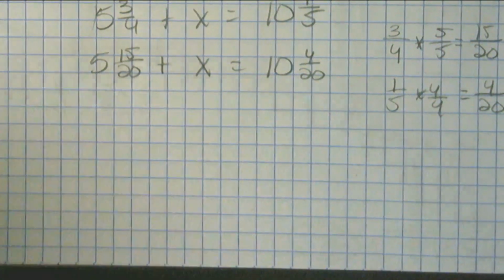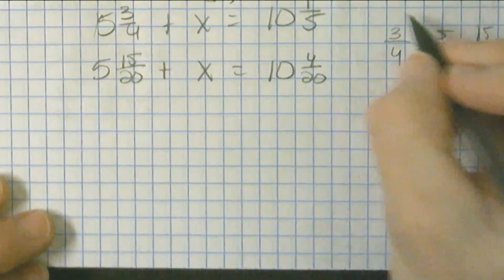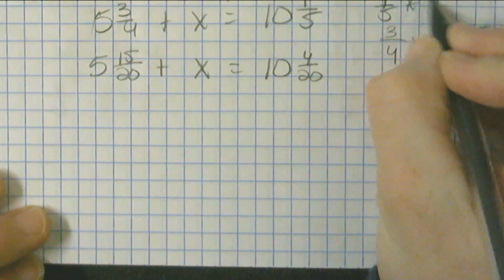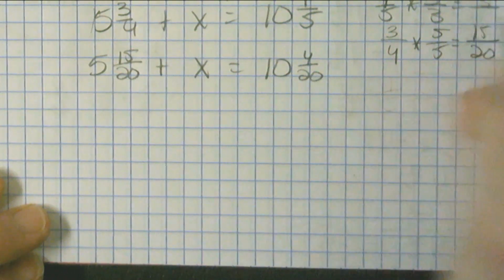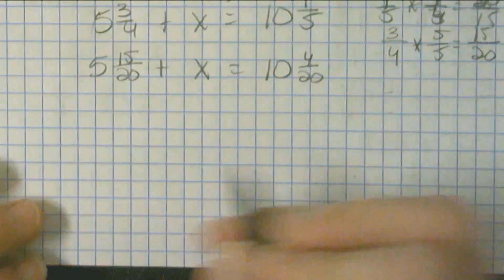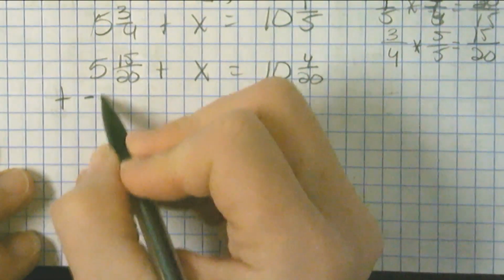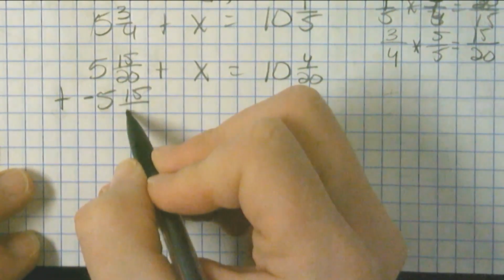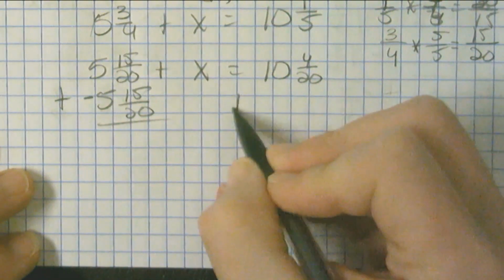All right, Alex, now what, sweetie? Okay, go ahead. I'm going to move this because it's going to be in my way. All right, well, first of all, I'm going to show that I have to add a negative 15/20 to both sides, right?